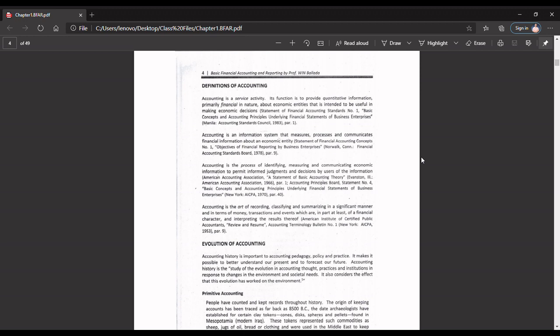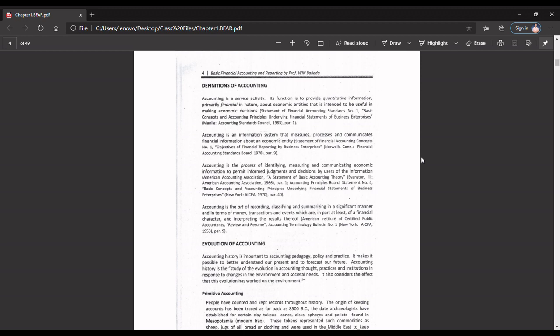As stated here, accounting is a service activity, service meaning we sell our time. Its function is to provide quantitative information, primarily financial in nature. When entities need information, especially quantitative ones, we provide it in order to help them in making economic decisions.